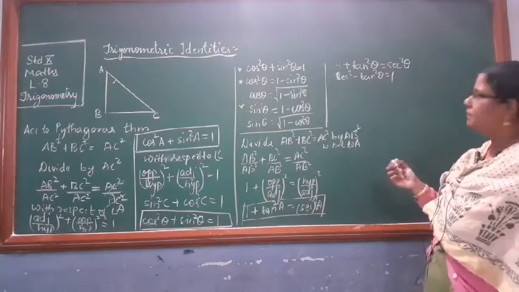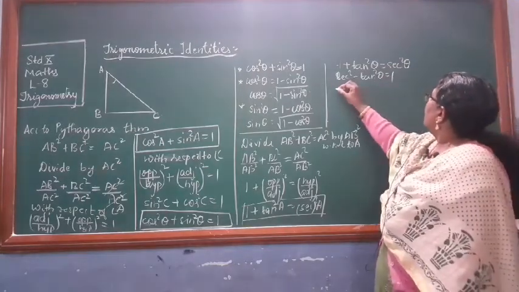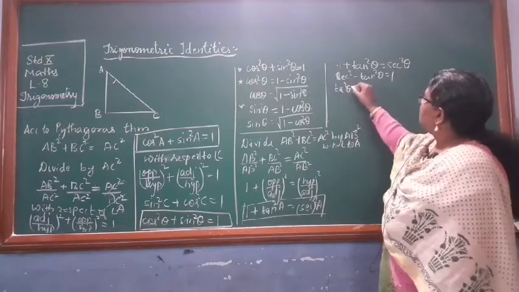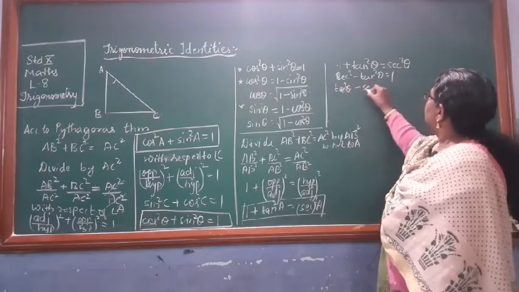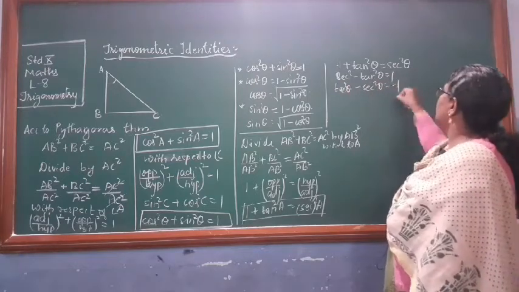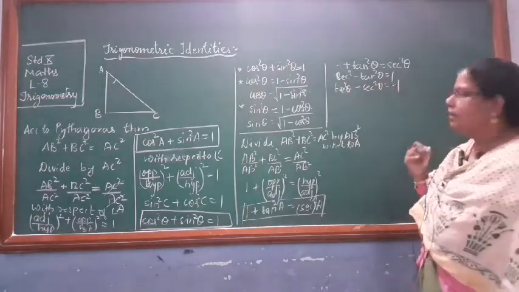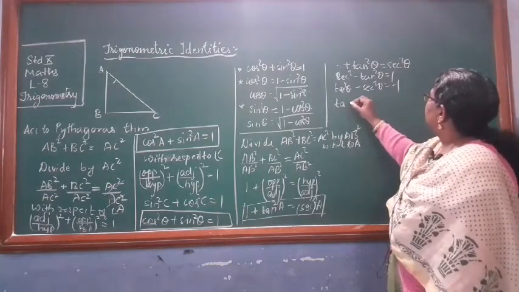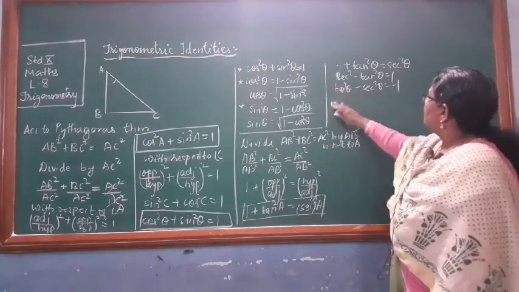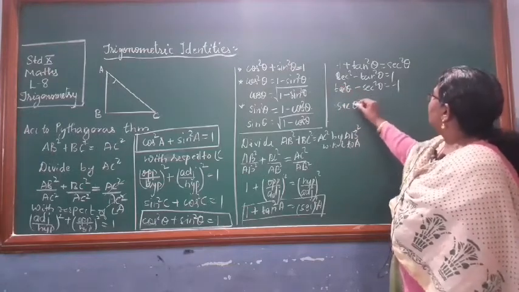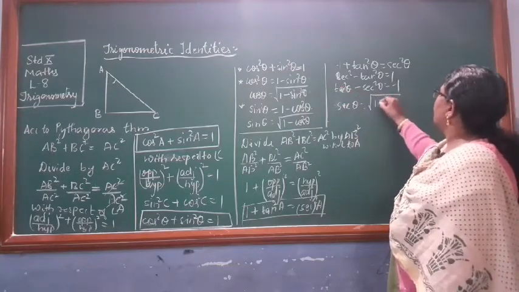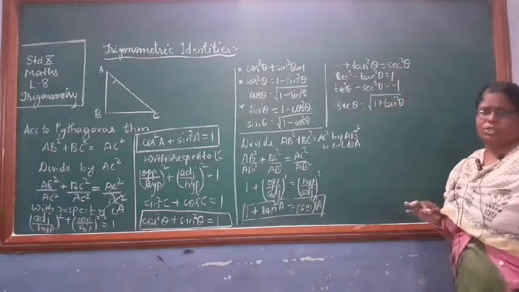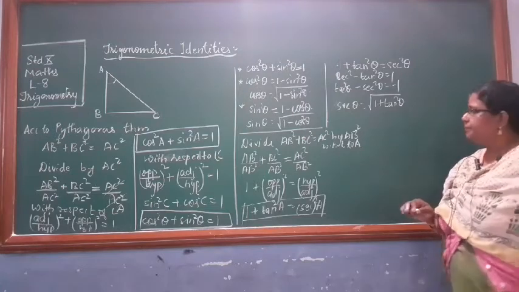And we can have tan square theta minus sec square theta will be equal to -1, that can also come. And we can also have sec theta equal to under root of 1 plus tan square theta. So anyhow you can make this equation. Followed all of you?